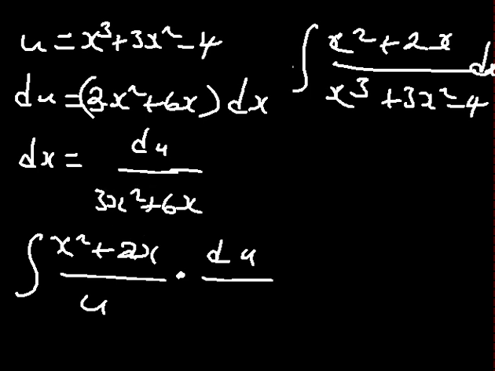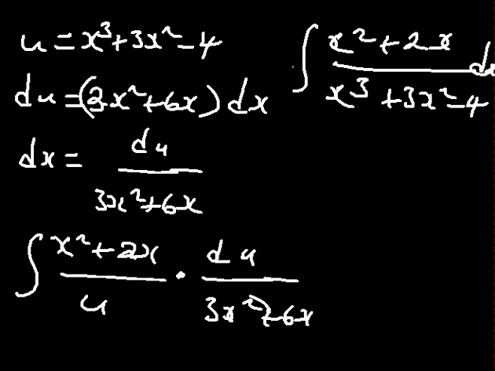We'll have to factor out 3. So we just have to simply leave it like that. We don't need to factor out that one. In this case we'll have it as 3x² + 6x in that way.